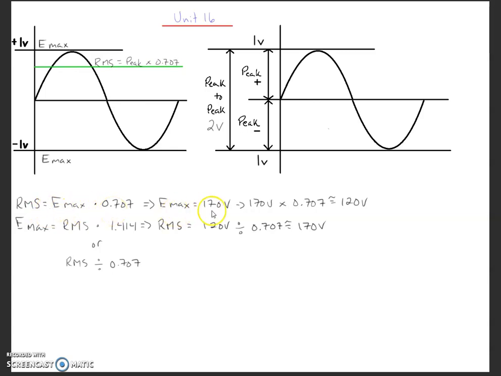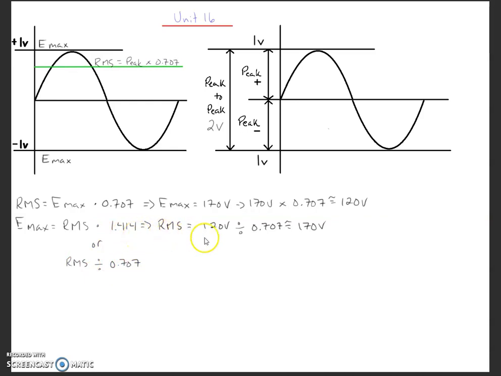So say our Emax equals 170 volts. We take 170 volts times 0.707, which gives us roughly 120 volts. If we want to go in reverse, our Emax is equal to the RMS times 1.414, or divided by 0.707. Recognize this number.